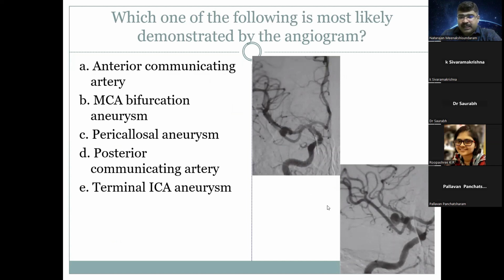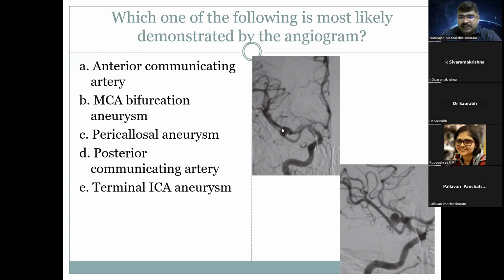Because of that shear pressure, the commonest site of origin of the aneurysm is at the bifurcation point, be it the basilar artery bifurcation or the MCA bifurcation. Wherever you see a bifurcation, it is a potential site for aneurysm.